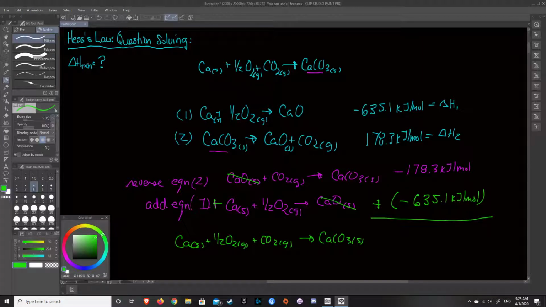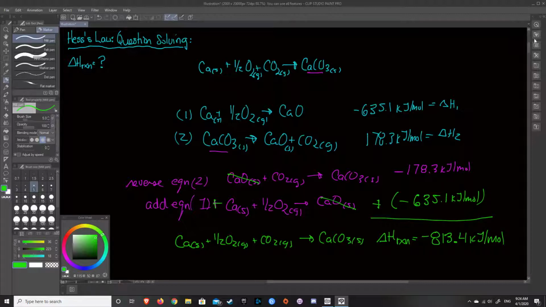Here we go: negative 178.3 minus 635.1. Our final delta H of reaction is equal to negative 813.4 kilojoules per mole. That's how we solved the first question. You can see it is very mathematical in how we solve for the delta H of reaction.